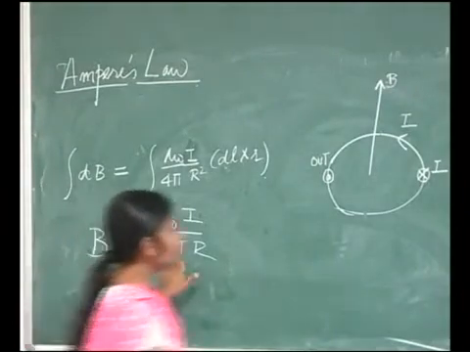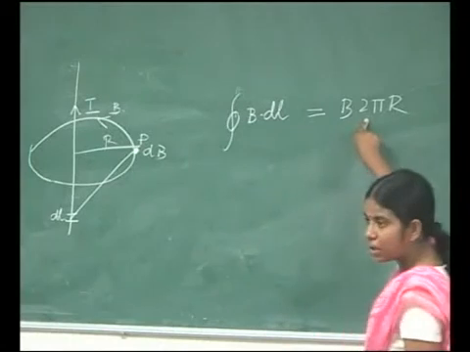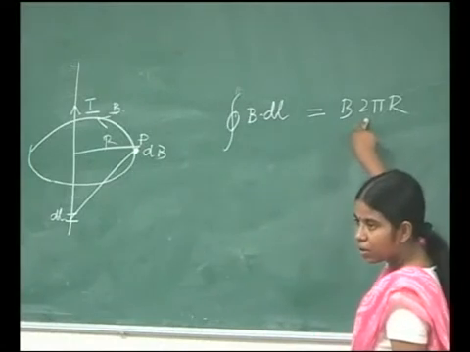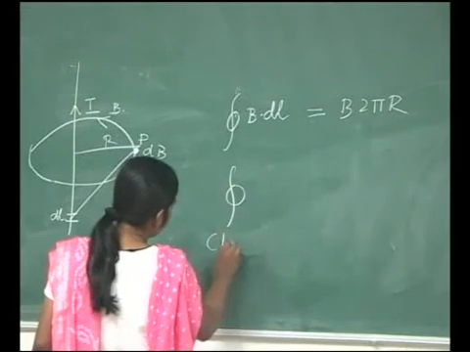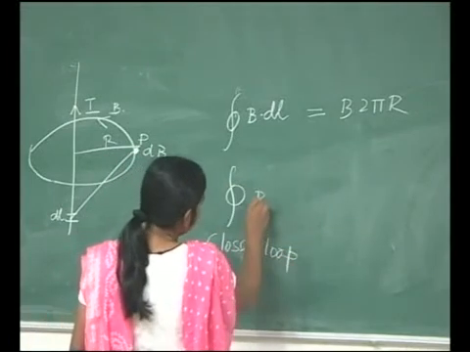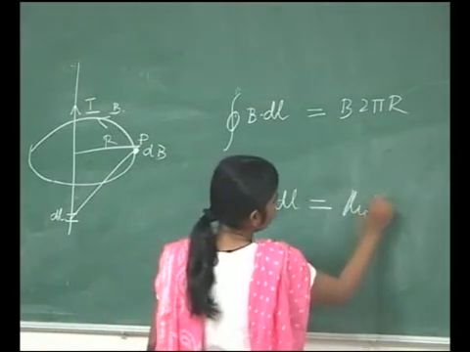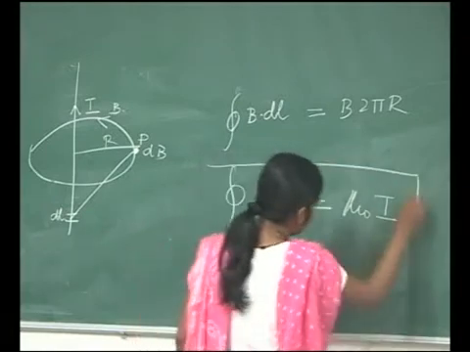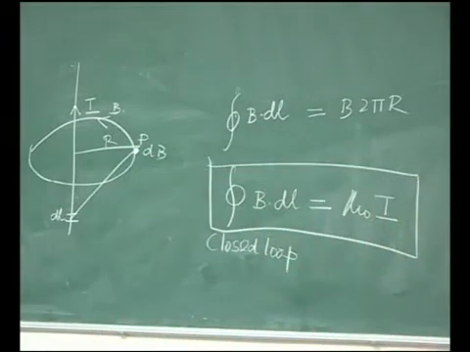So B into 2 pi r is actually equal to mu 0 I. So what I can say is that over a closed loop, B dot dl is equal to mu 0 I. This is Ampere's law.